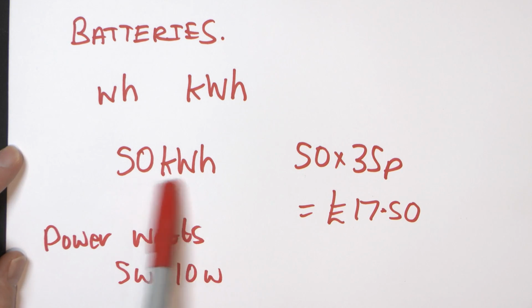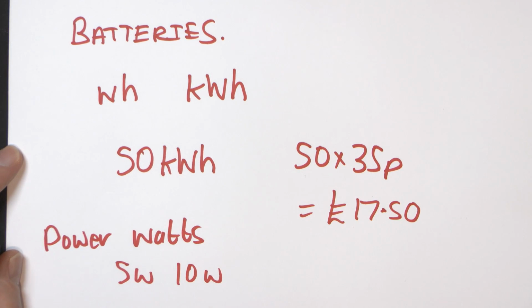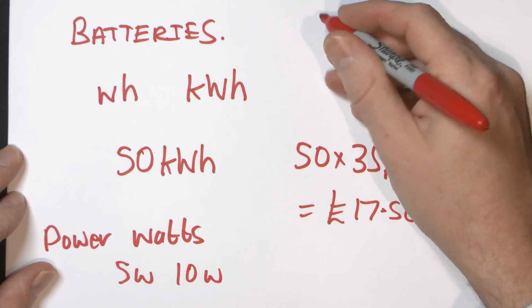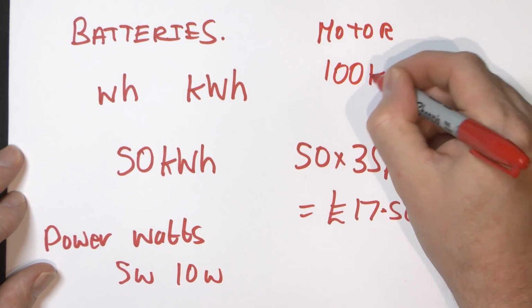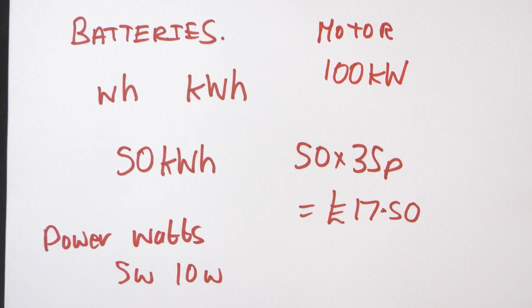So for example, you might have, say, a vehicle with a 50 kilowatt hour battery, as in the amount of energy it's stored inside, and the motor in that vehicle may be rated, say, to 100 kilowatts. Obviously that's quite a lot compared to other things, but then shifting a 2-ton metal box down the road does actually require a very substantial amount of power.